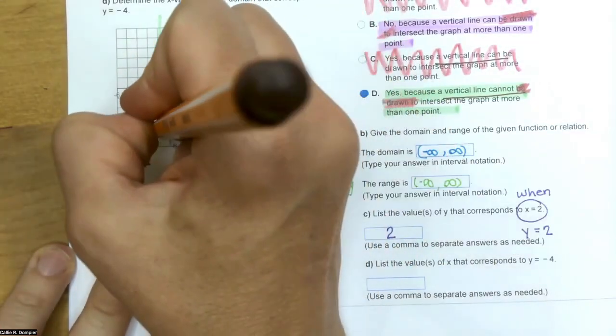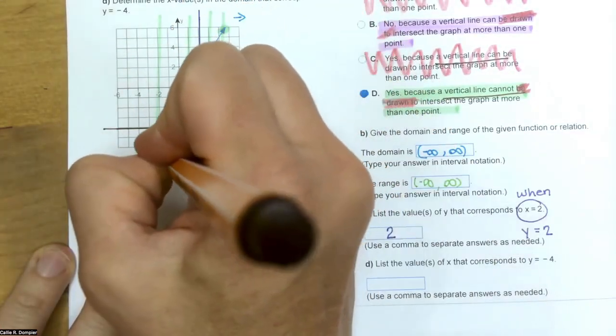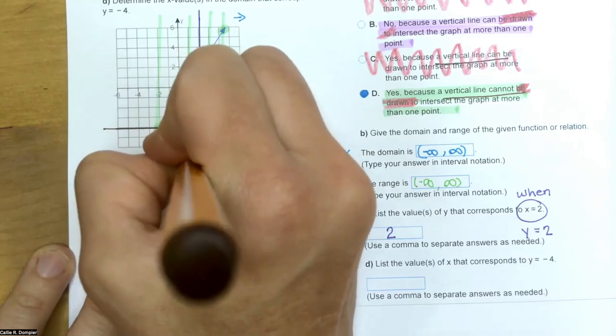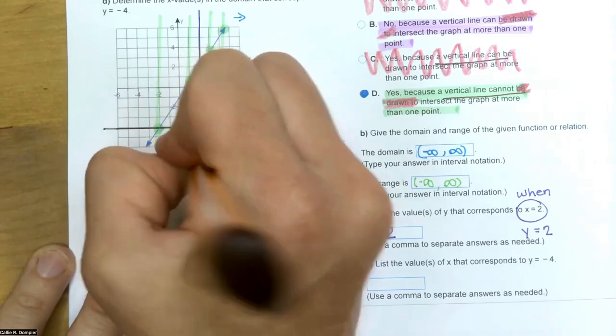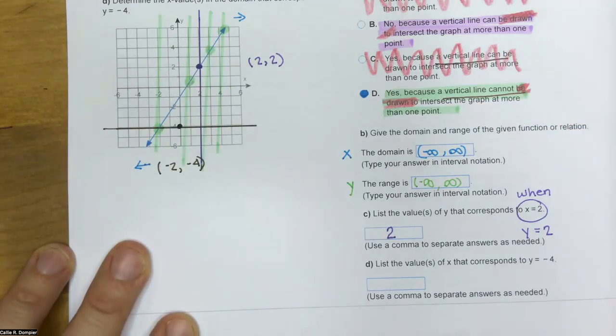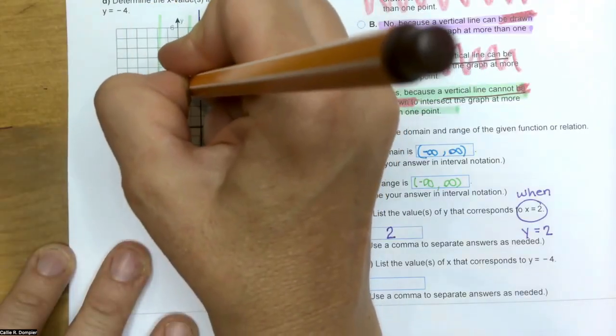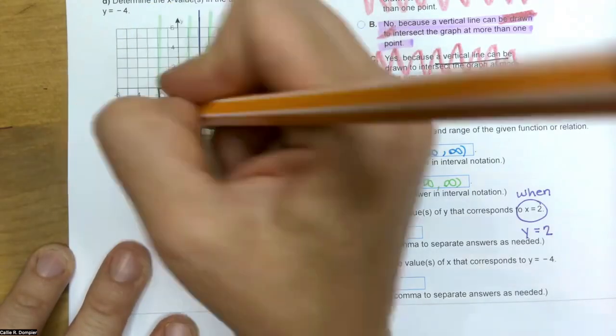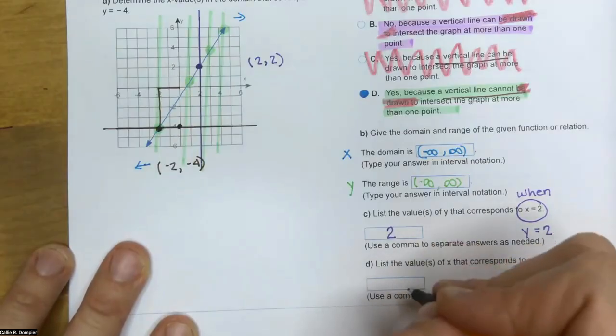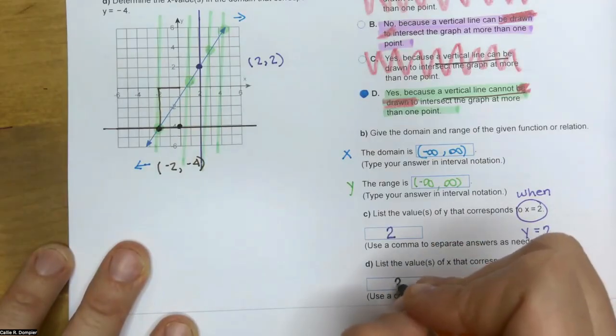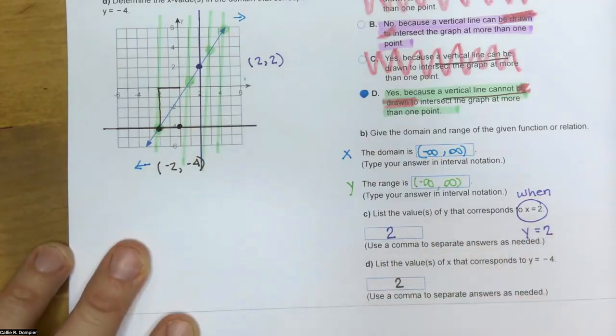It touches the graph right here at the point (-2, -4). So what's the value of x? The value of x is just -2. Okay.